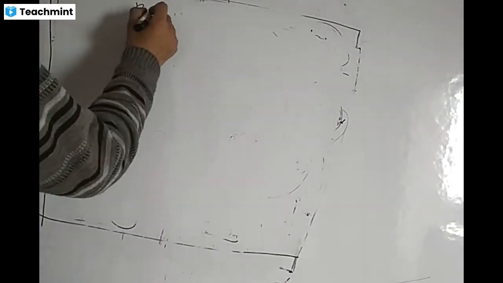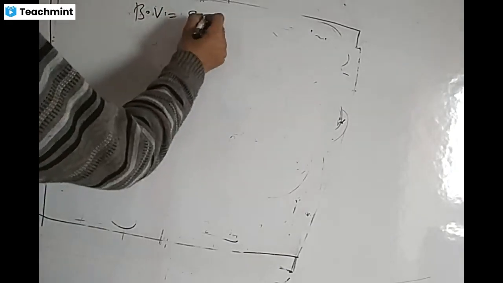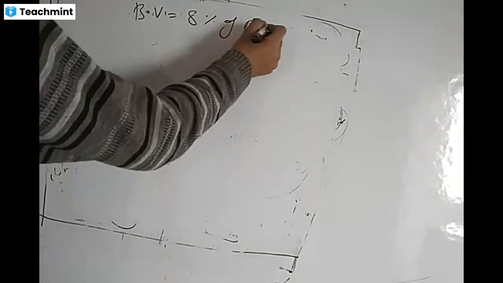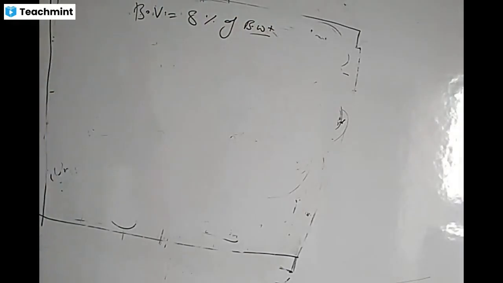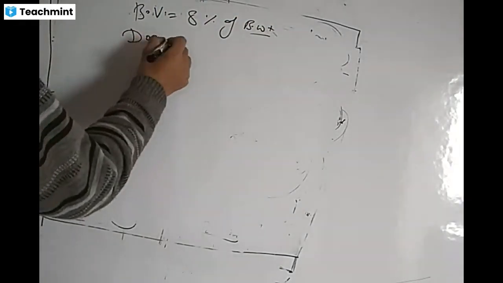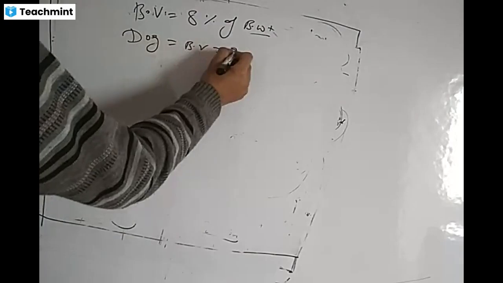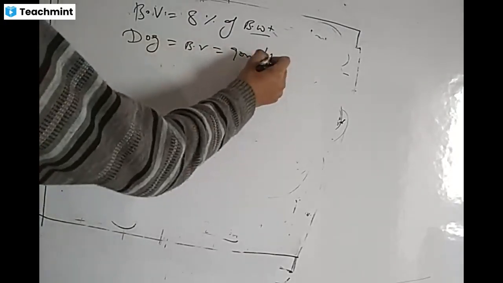So if we summarize this blood transfusion, then you should know first is the blood volume, 8% of the body weight. Then what is the blood volume in case of dog? 90 ml per kg.